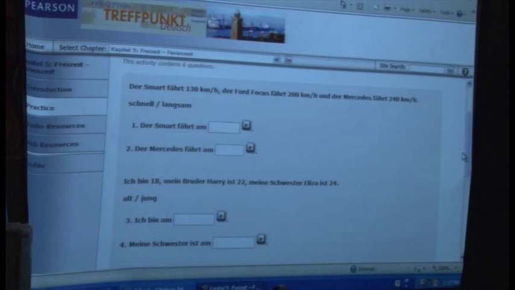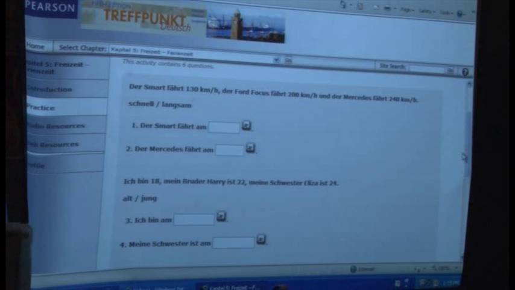Also der Smart ist ein ganz kleines Auto. Der Ford Focus, okay, und der Mercedes. Well, apparently for the Mercedes, they didn't give us a model. Just Mercedes in general. Der Smart fährt 130 Kilometer pro Stunde, per hour, pro Stunde. Der Ford Focus fährt 200 Kilometer pro Stunde und der Mercedes fährt 240 Kilometer pro Stunde.